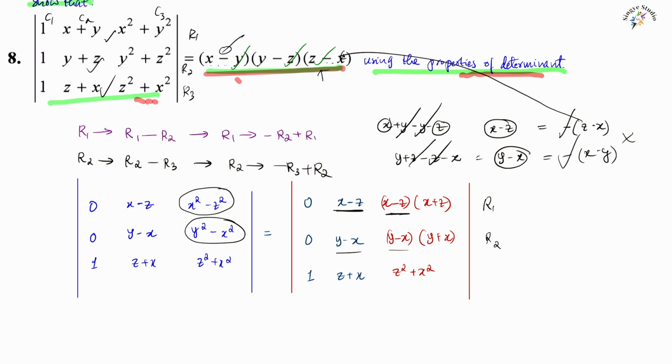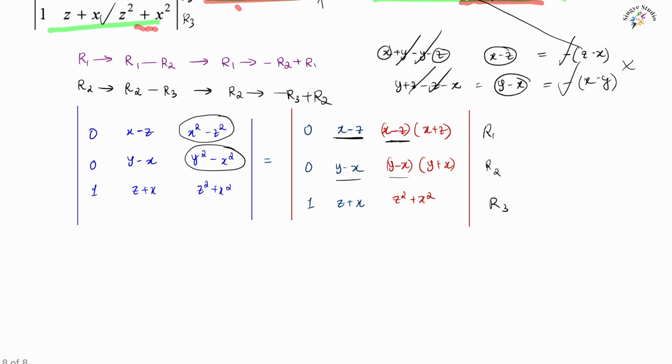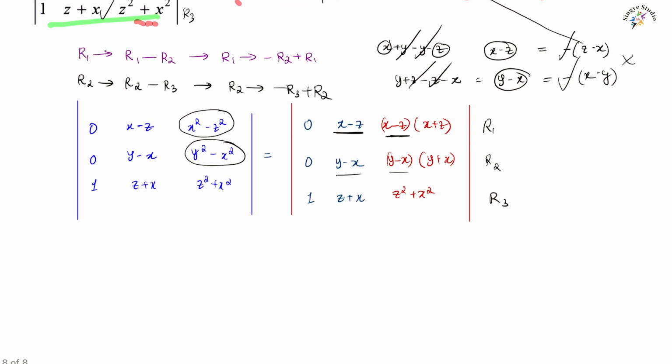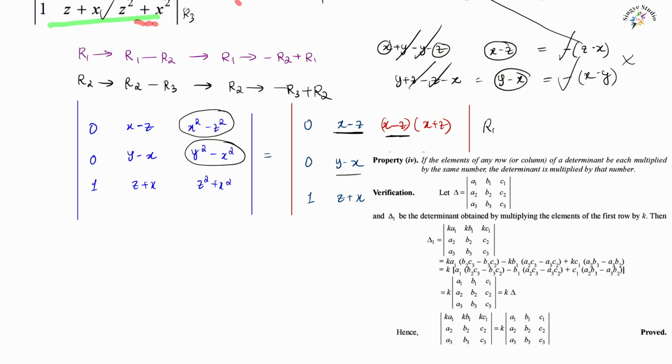So we can treat these as a scalar, so that we can take out the scalar to evaluate our new determinant. The property of determinant is that if any entire row or column is multiplied by the scalar k, which can be a complex or real number, then our new determinant will be that factor times the old determinant, right?